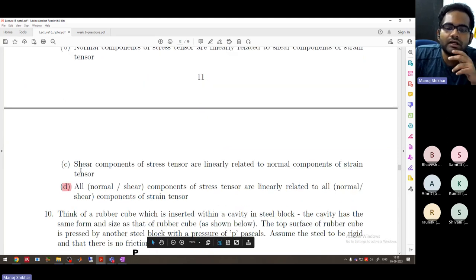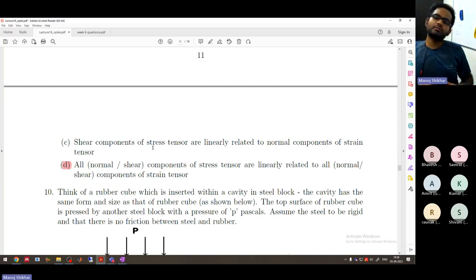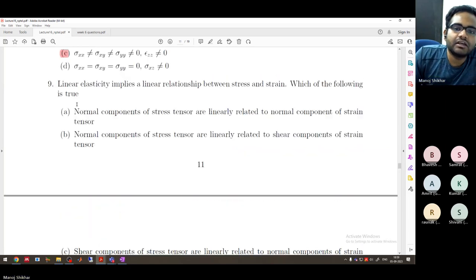The third is shear components of stress tensor are linearly related to normal components of strain tensor. And the fourth is all normal/shear components of stress tensor are linearly related to normal/shear components of strain tensor. So the correct answer is D if it is a single choice answer.